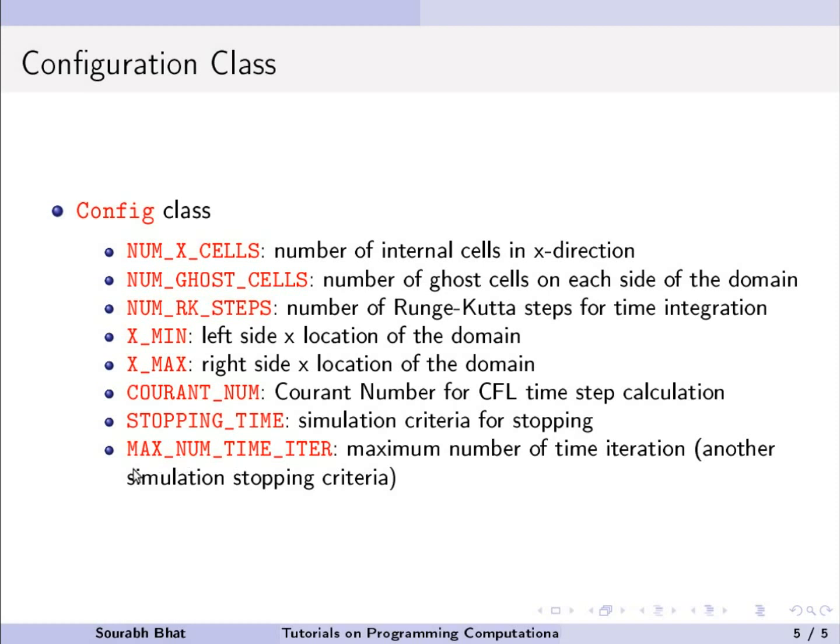Normally we will be setting this as a large value, say about 10,000 or so, such that mostly our stopping criteria will be the stopping time. But sometimes for testing purposes we can set this to a smaller value and see what happens for a smaller time level, so that we can do our debugging.